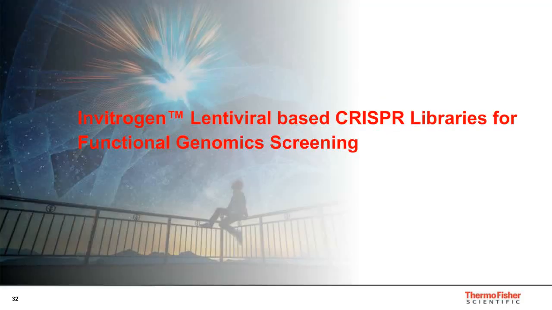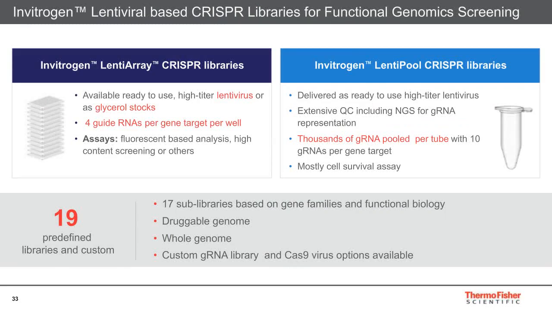Next, I will move on to talking about the lentiviral-based CRISPR libraries for functional genomic screening. The lentiviral CRISPR libraries come in two different formats. One is the lenti-array CRISPR library. As the name suggests, these are arrayed in 96-well format, and up to 80 genes or targets are provided on one plate.